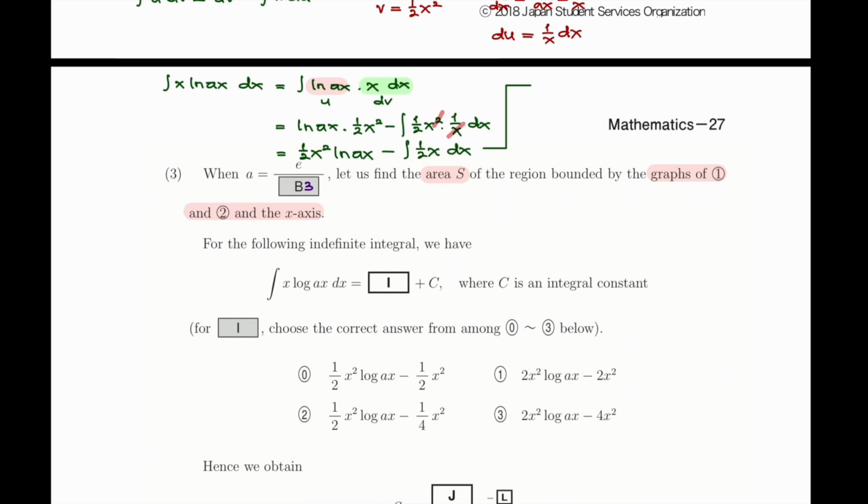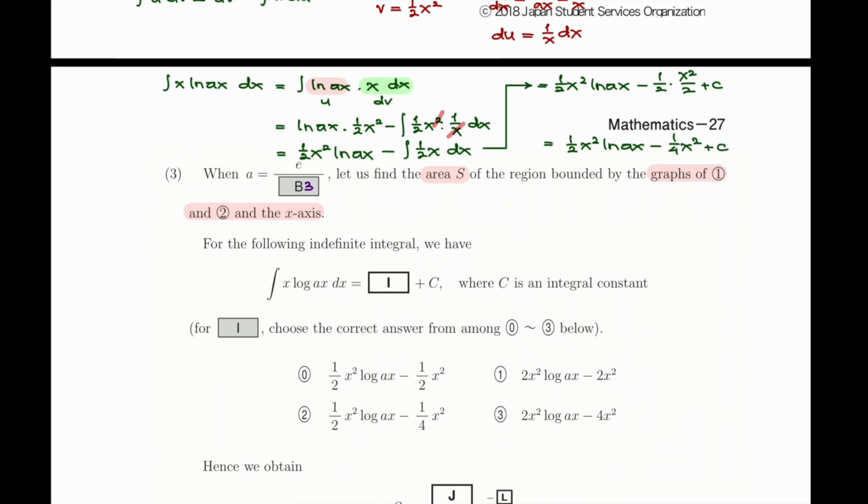Then our final expression is half x squared ln ax minus, you can simply integrate this expression and it becomes 1 over 2 times x squared over 2, plus C. So my final answer is this.